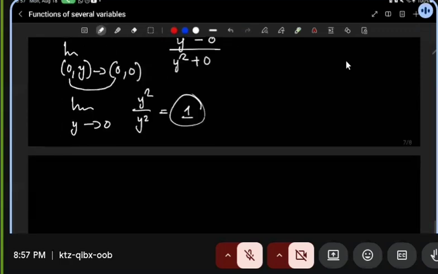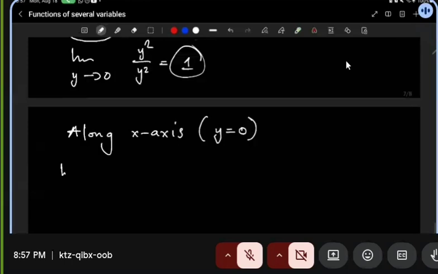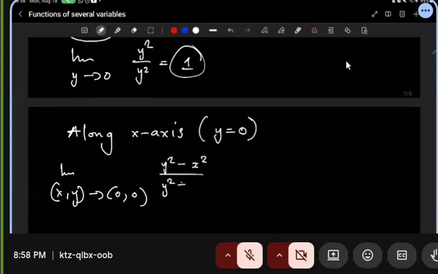But what if we approach along the x-axis? Along the x-axis, what do we find? Along the x-axis, this is the line y is equal to 0. What will be our limit this time? It's the limit for the same function, x, y approaching 0, 0, for y squared minus x squared over y squared plus x squared.